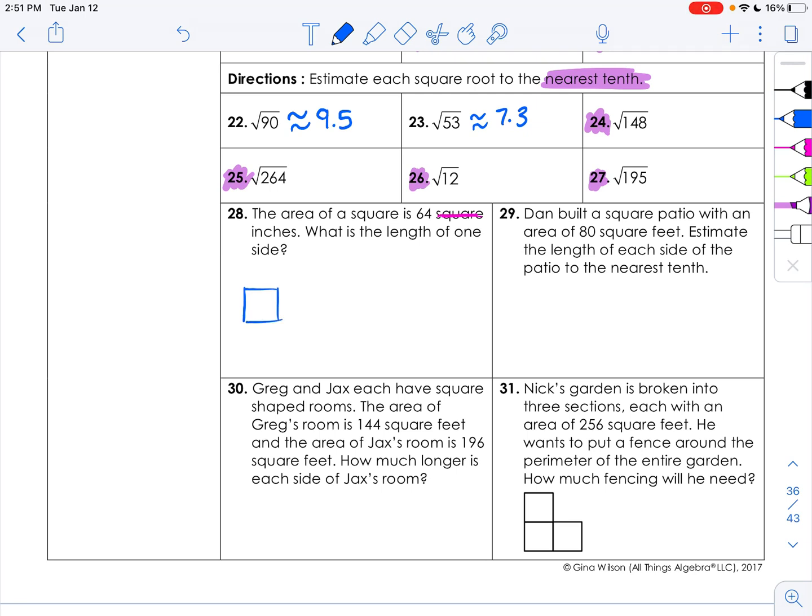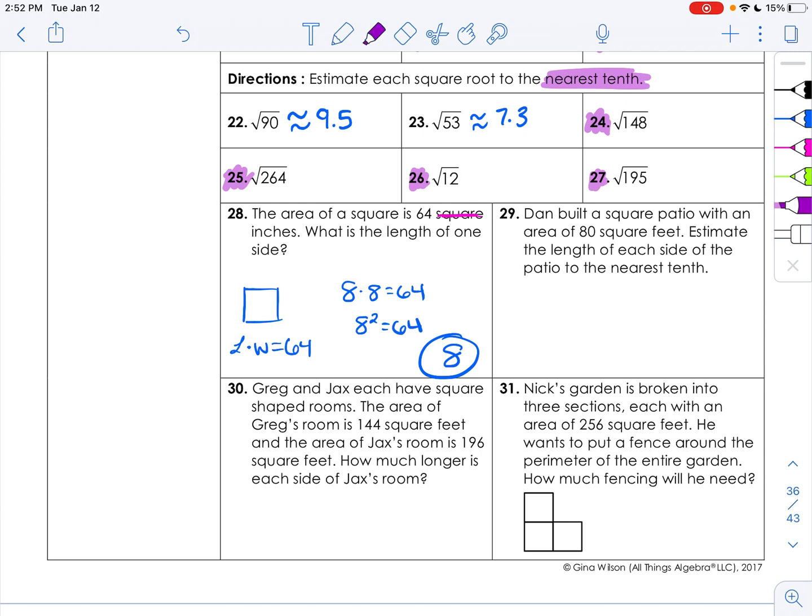So that means when I multiply my length times my width, it equals 64. And we know that in a square, all of our sides are the same. So we're trying to find what number do I multiply by itself to get 64. I know that 8 times 8 equals 64, or 8 squared equals 64. So the length of one side would be 8.